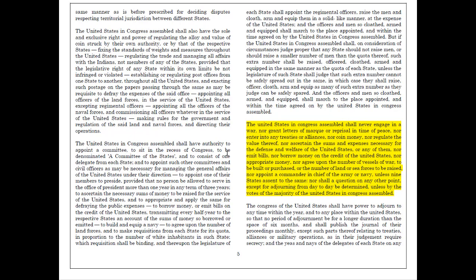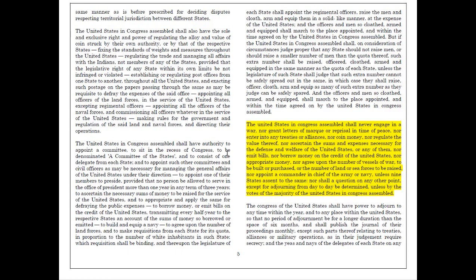So in the highlighted passage on the right-hand column of 5, the United States in Congress assembled shall never engage in a war, grant letters of marque or reprisal, nor enter into any treaties, alliances, coin money, regulate the value thereof, ascertain the expenses for defense and welfare, etc., unless 9 states assent to the same, nor shall a question on any other point, except for adjourning from day to day, be determined, unless by the votes of the majority of the United States in Congress assembled.